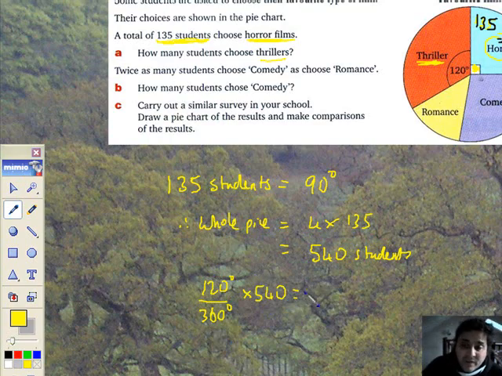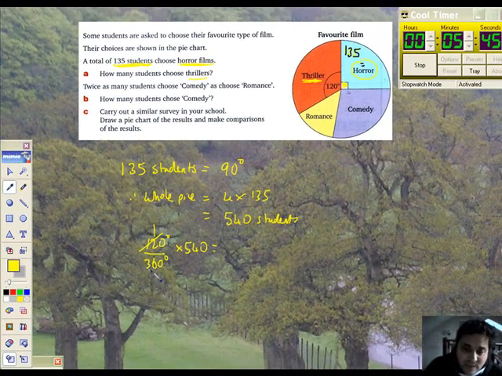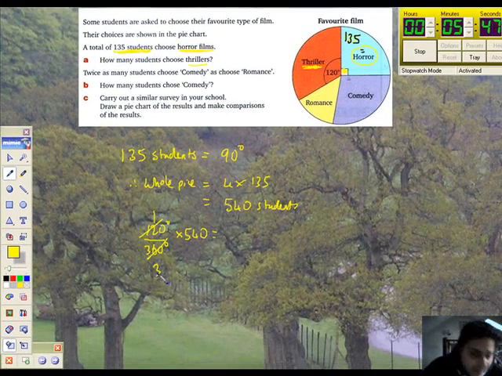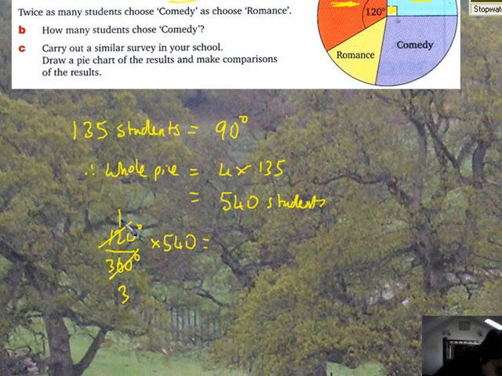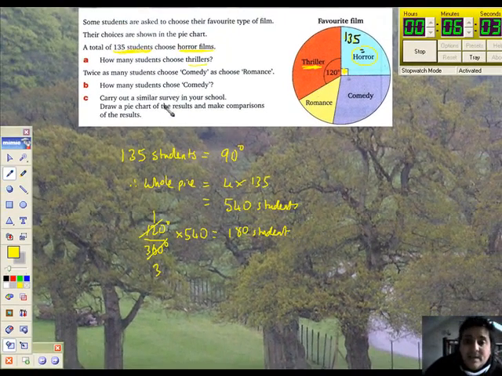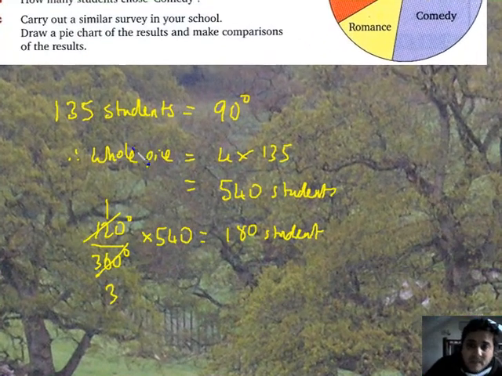So a third of 540, let me just cancel down to show that it's true. A third of 540 means 540 times 1, because it's 1 across the top there. There it is. And then just divide by 3. So 540 divided by 3 is 180. So 180 students liked the thrillers. So we've got that one.